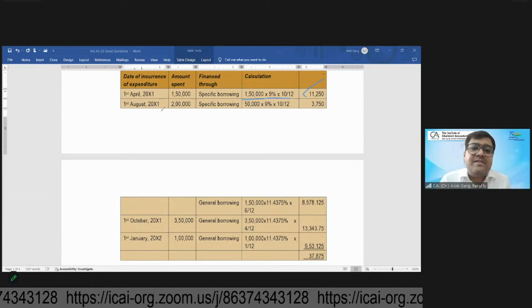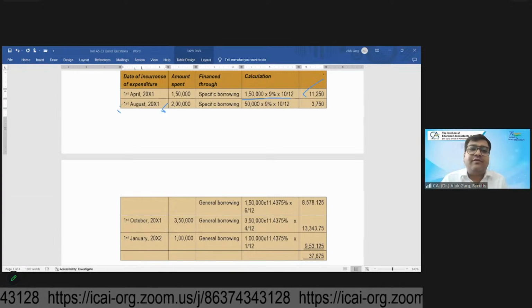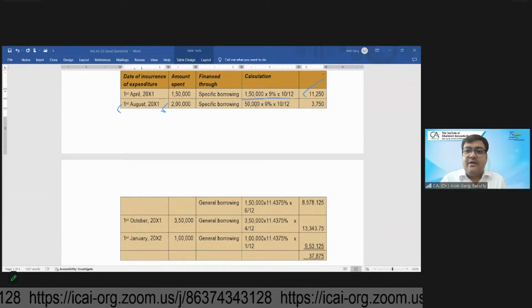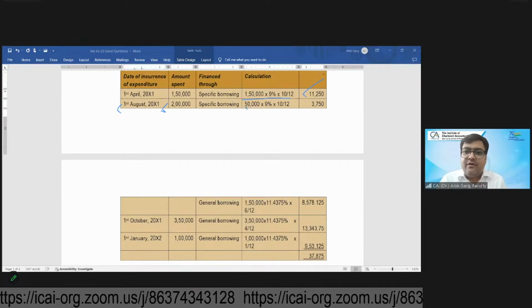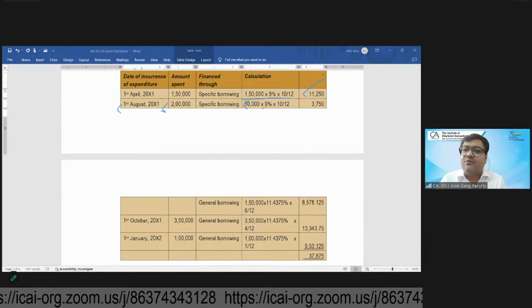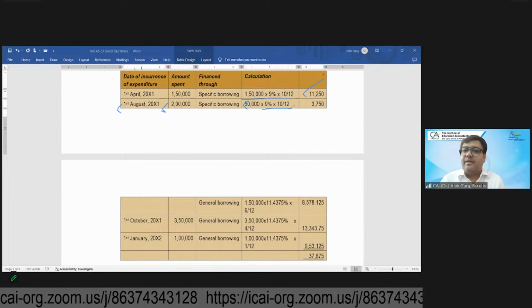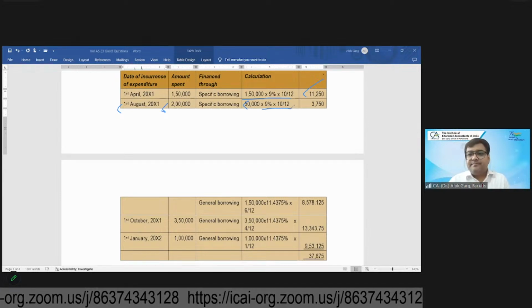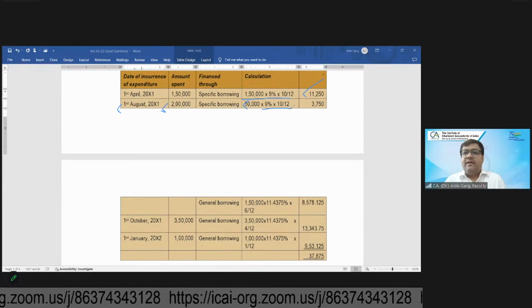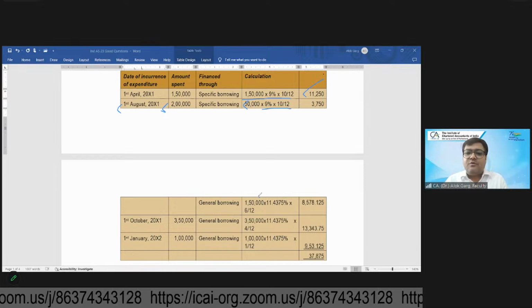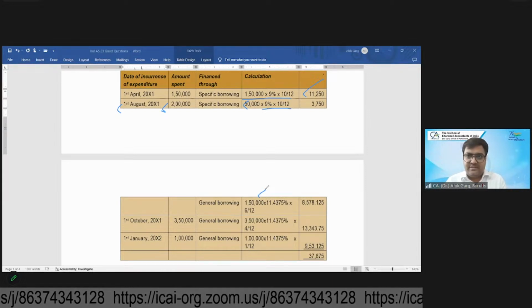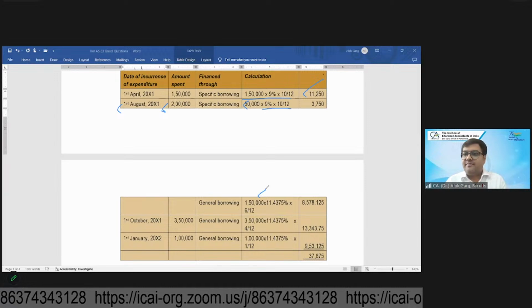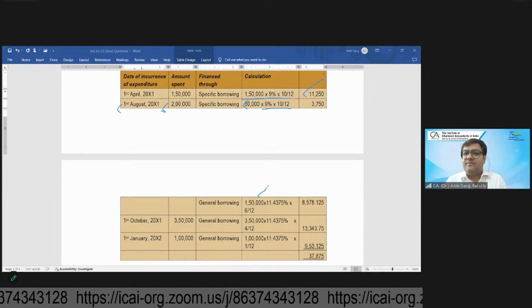The next expense is 2 lakh rupees, which was expensed on 1st August. So I will split this into two parts. 50,000 I have utilized from the specific borrowing, correct? And 1,50,000 I will utilize from the general borrowings. Is that right?